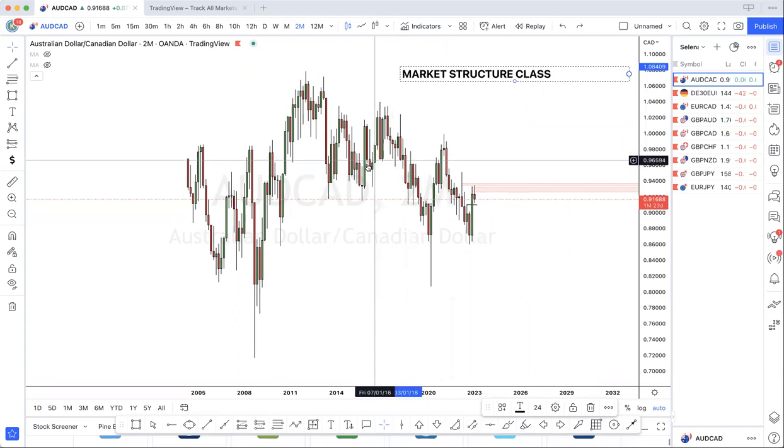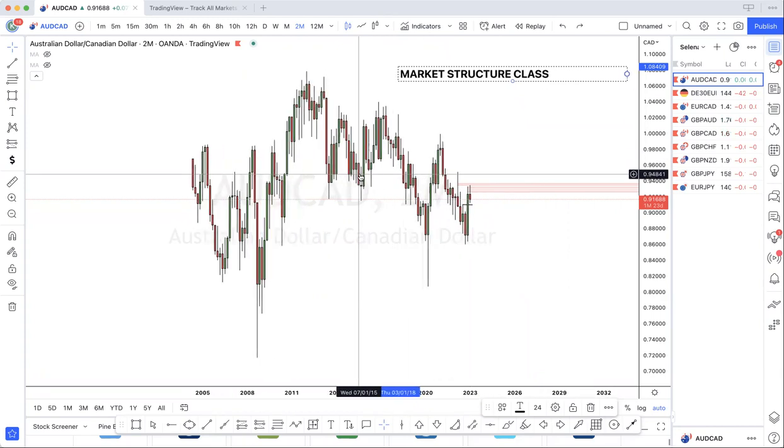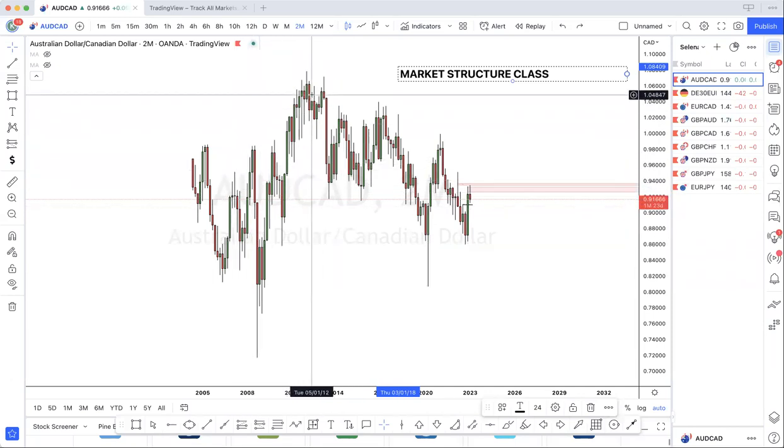So if you're looking at AUD CAD and we're on a 2-month time frame, so it can look a little weird here.